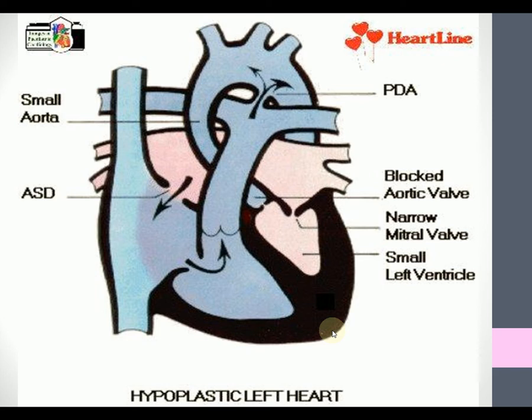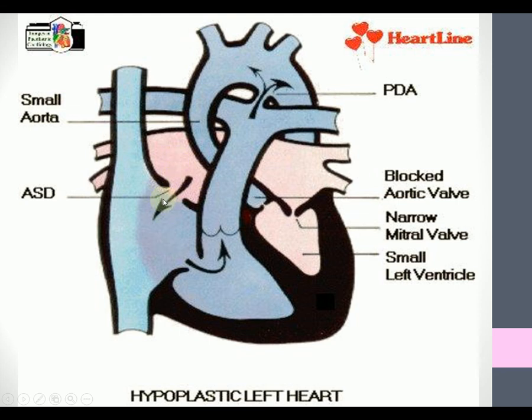The ASD is the only thing that's keeping this baby oxygenated, and the patent ductus is what's working to keep oxygenated blood going out to the body system, because it's leaking here from this artery.